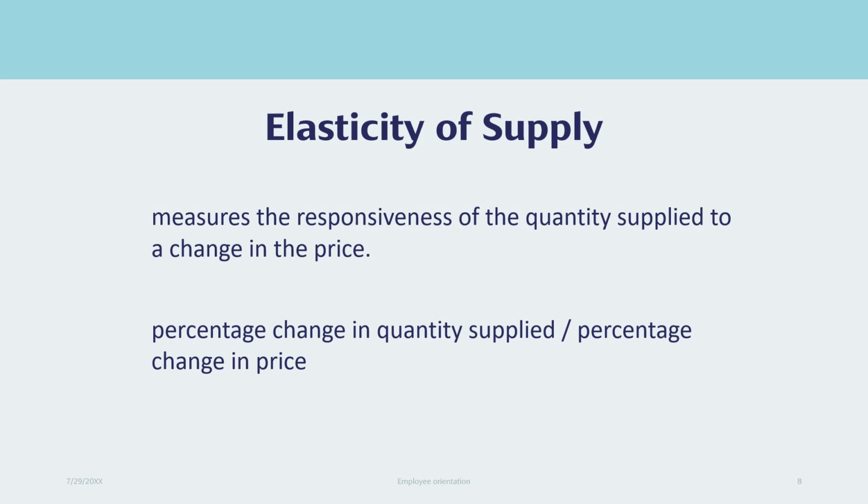So if the price is lower, the supplier might supply a low quantity. If the price is high, the supplier may contribute higher products in the market.